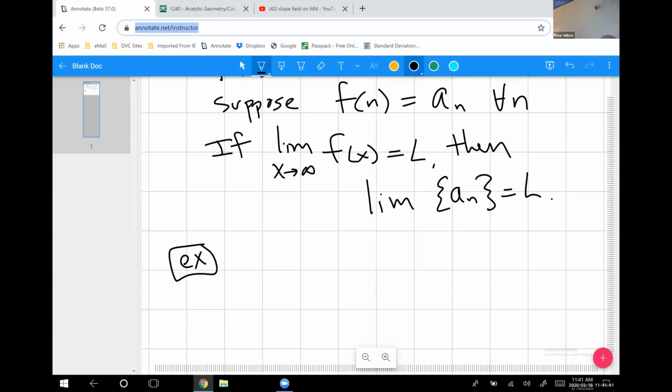So let's say I have a sub n is equal to 1 minus 1 over n. So I'm just making this up, so I'm not referring to a page number because this is not from the book.